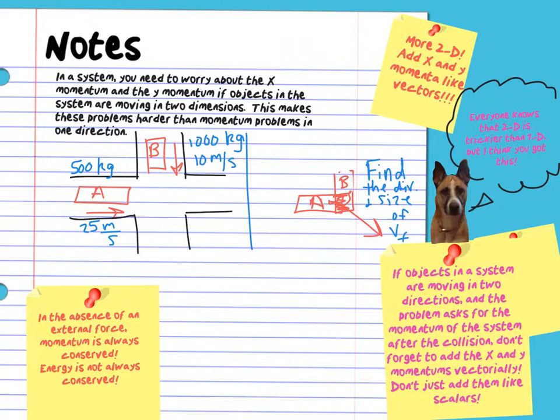Okay, here's a problem that includes a lot of different characteristics of momentum problems. So hopefully you'll see some of your homework problems in this problem. In case you can't tell what this is by my beautiful drawing, these are two trucks.